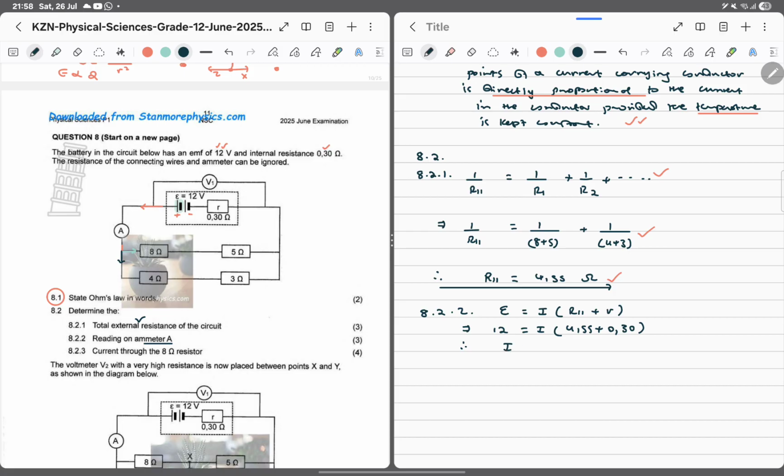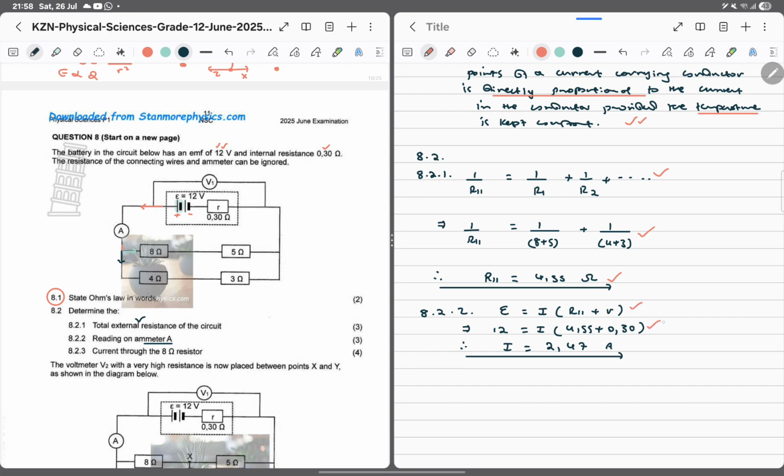Therefore, I is going to be 12 divided by 4,55 plus 0,30. This gives us 2,47 amperes.